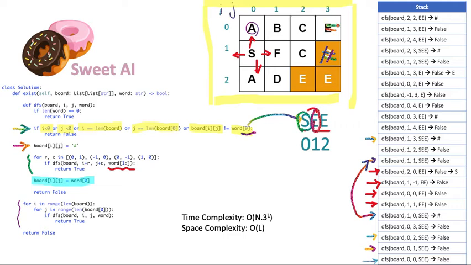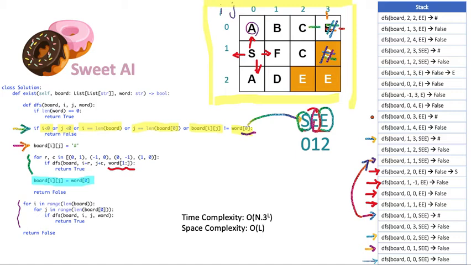So we are going to put a hashtag here too, and then we are going to check all the four corners of this to see if we can find another E, the third item that we are looking for.